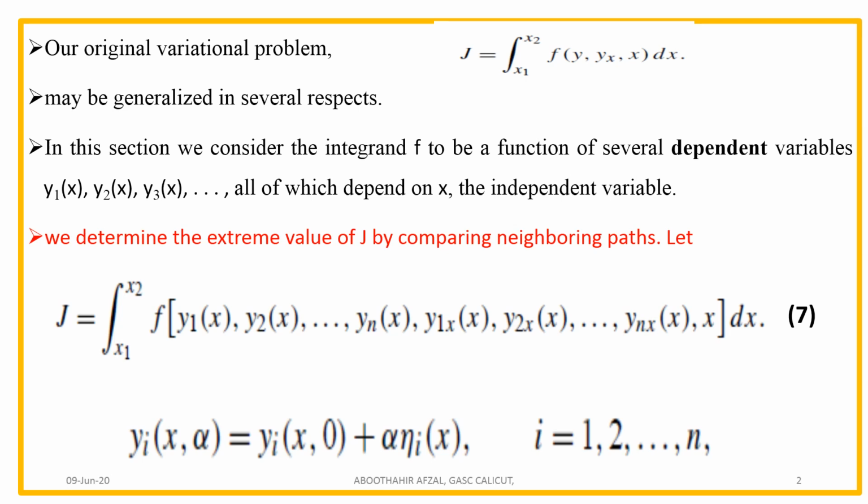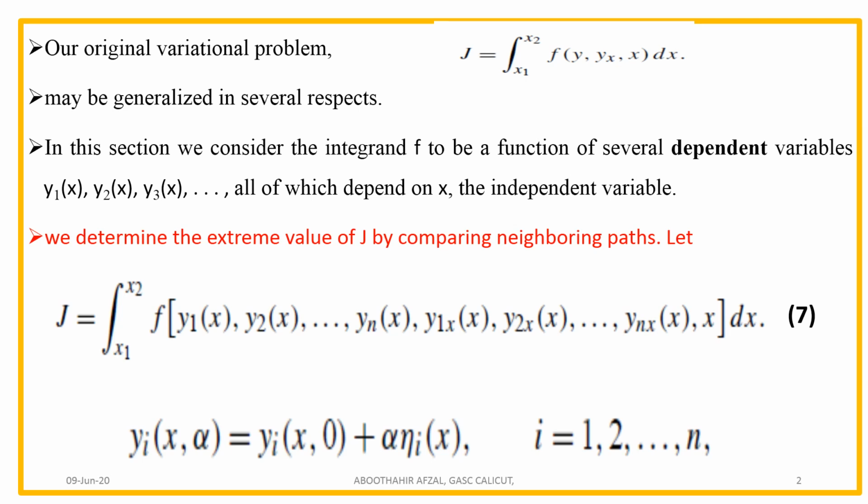The y at alpha equal to 0 corresponds to the minimum path. So yi(x, alpha) is yi(x, 0) plus alpha eta(x), because this alpha is a parameter that changes the different paths, which differ in y.